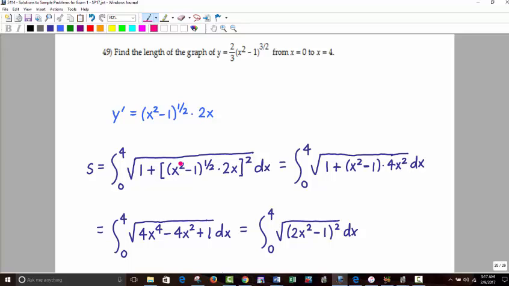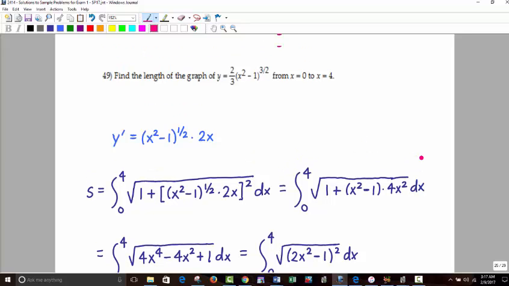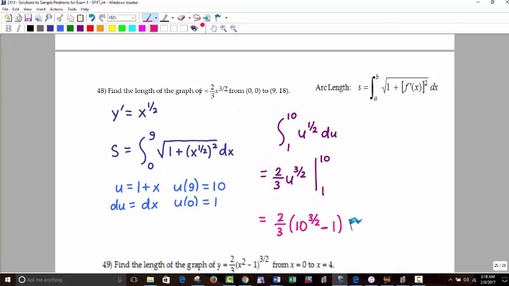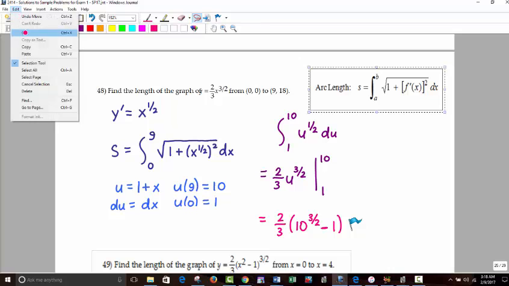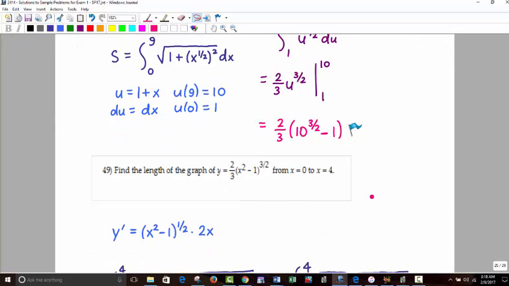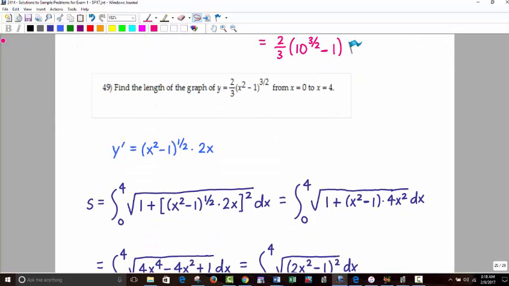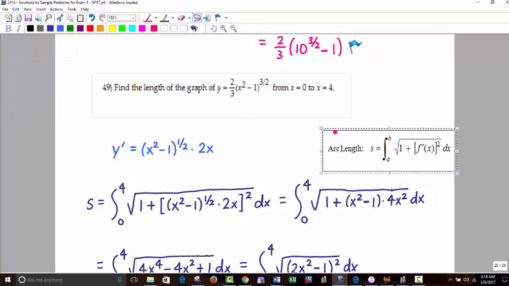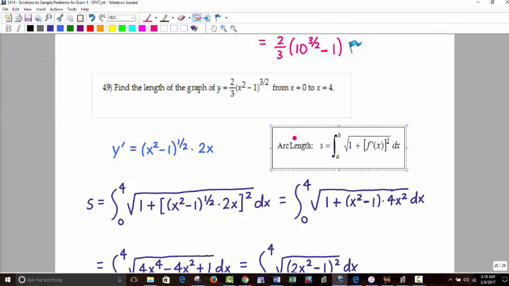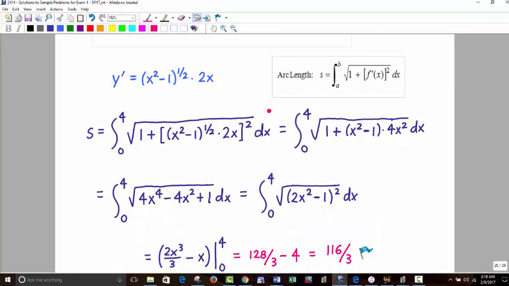So I put this in here because we're going to square all that. I'll copy this and paste it right down here so we can see it. So it's 1 plus all of that derivative squared.